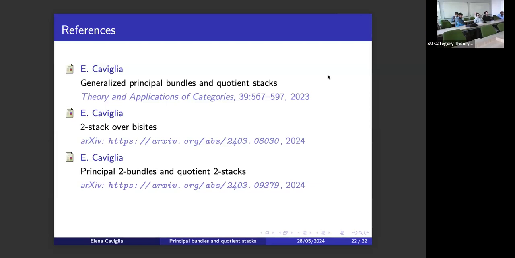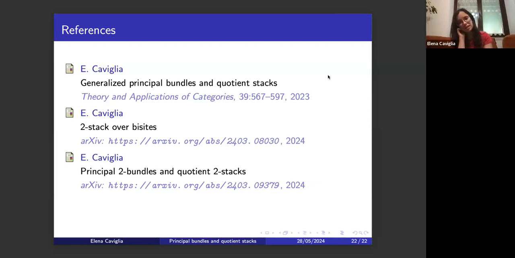Do you have a specific motivating example for these generalized principal bundles and stuff? The motivation didn't come from an example, but it came from the idea of computing cohomology for stacks.